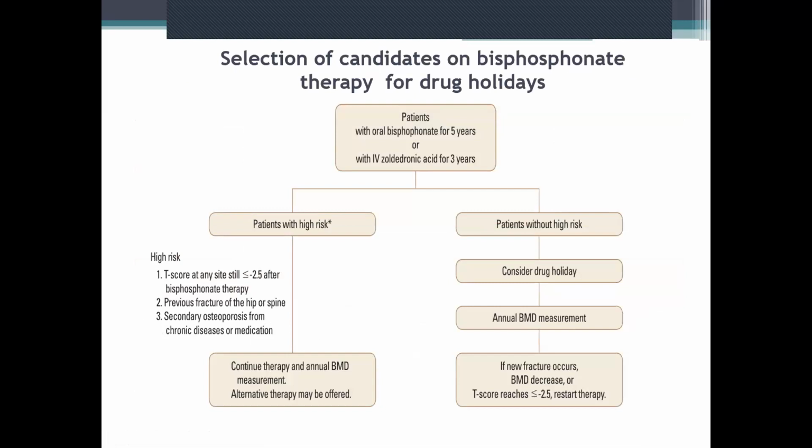So that being said, how do you select candidates for drug holidays? You don't want to keep your patient on bisphosphonate therapy forever. You do want to assess them. So once you start them on treatment or anti-resorptives, you want to do the bone density at least every 2 years. If they have secondary causes, then that's when you do it annually.